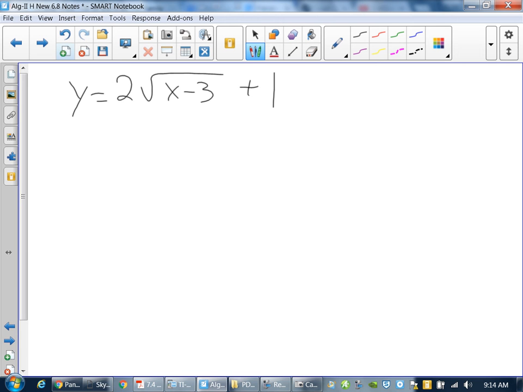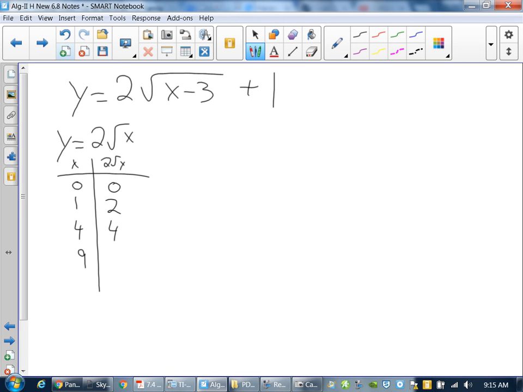Let's plot out the y equals 2 root x. And we're going to use those values of x again, 0, 1, 4, and 9, because these are perfect squares. So if I do that with the 2 root x, I'm going to get 0, 2, the square root of 4 is 2, 2 times 2 is 4, square root of 9 is 3, 3 times 2 is 6.